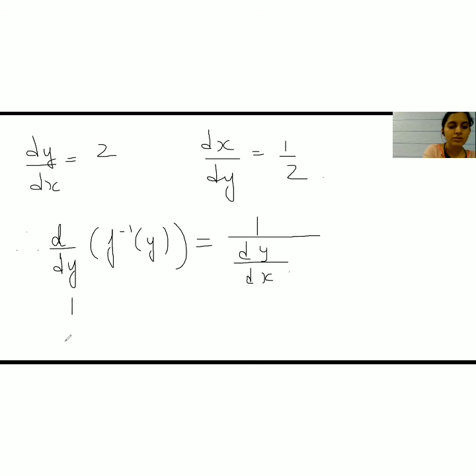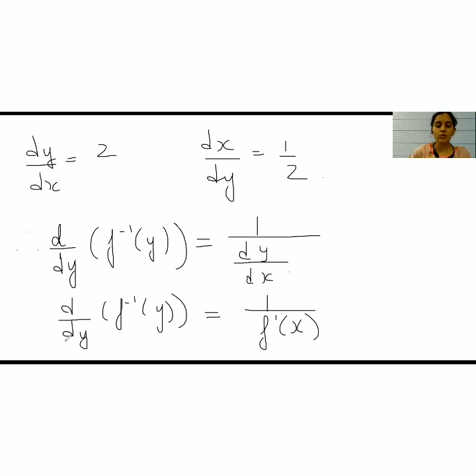Also it can be written as d by dy of f inverse of y is equal to 1 upon f dash of x. dy by dx is f dash of x, right? F inverse of y can also be written as g of x. It can be written as dx by dy. So the simplest form to remember for the inverse function is dx by dy, that is differentiating x with respect to y, is equal to 1 upon dy by dx.